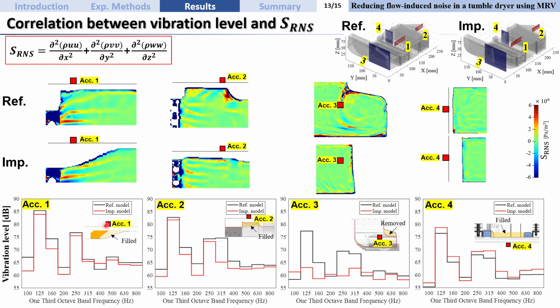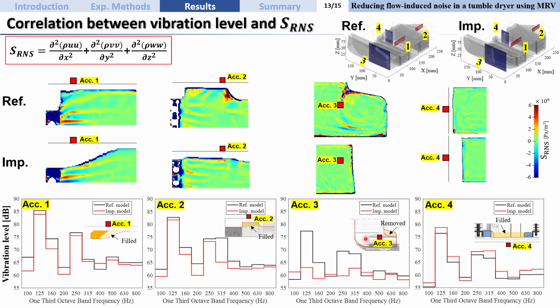This corresponds to the reduction in vibration levels, and notably at position 3, the high SRNS distribution caused by the large-scale secondary flow was significantly suppressed. So consequently, we see a dramatic reduction in vibration, especially at the peak values.